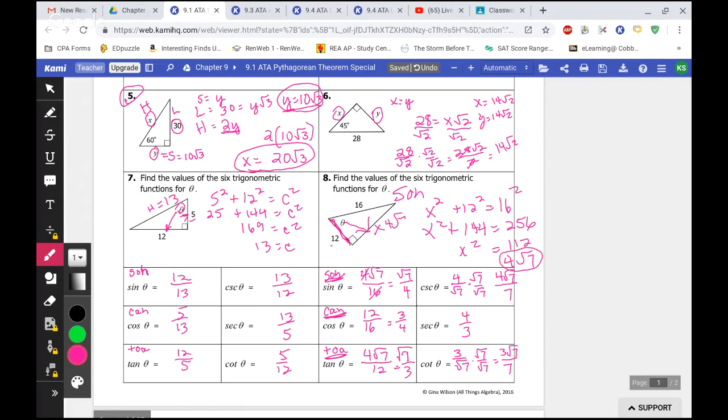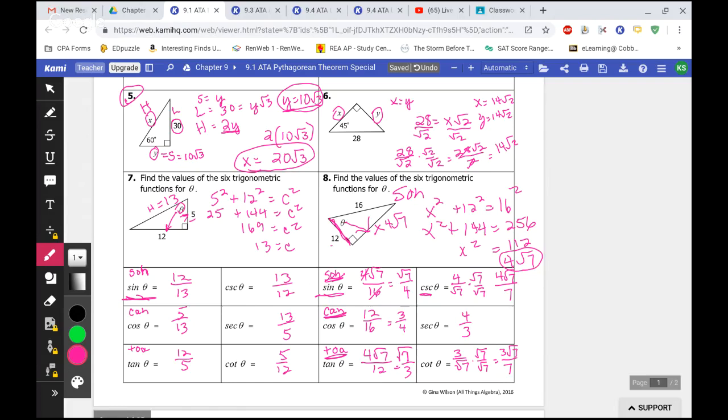What I'm mainly confused on is cosecant and then secant. Okay, see how mine are written here? Sine is here. Cosecant, you just flip it. Let's say, it's easier to see on number 7. See how sine is 12 over 13 on number 7? So you just flip it, basically. 13 over 12. So you're just flipping it.